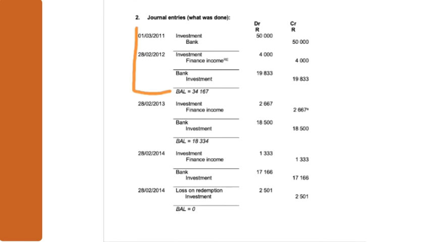Well, we see investment, again investment, again investment. Bank will not be a problem. The amount that flows in cash was the same between what was done and what should have been done. So the only other item that is there is the investment and then the finance income. Those were the two items that we had when we looked at what was done.